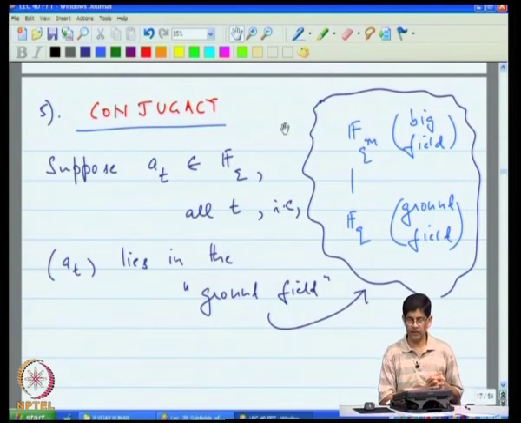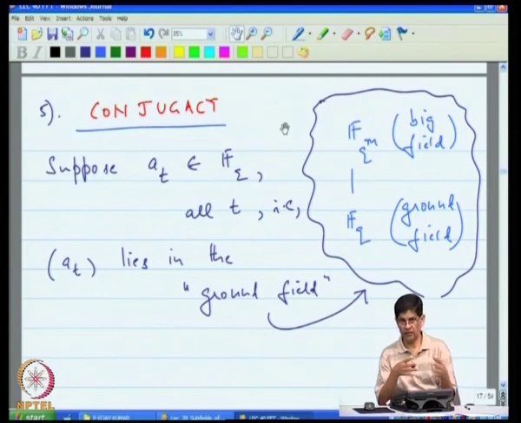Basically what conjugacy is saying is that when you take the discrete Fourier transform, you can take the transform of complex signals just as easily as you can take the transform of a real signal, because even though your signal may be real, the discrete Fourier transform will be a complex waveform.